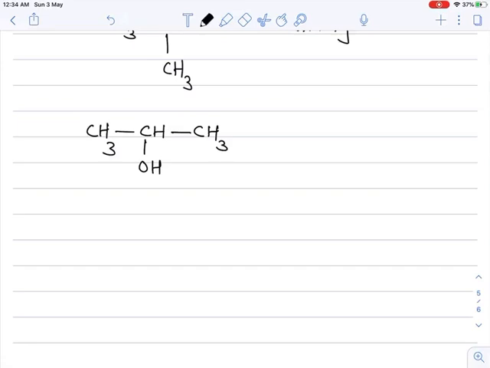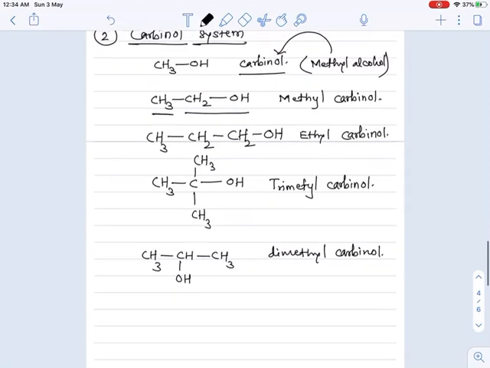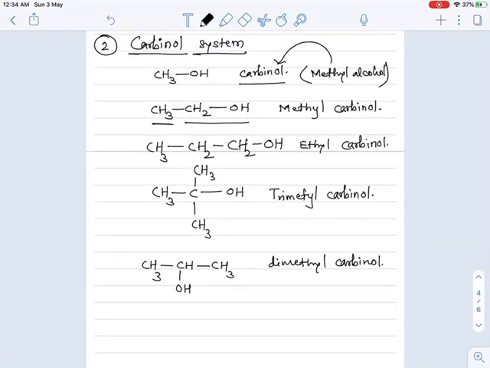According to the carbinol system, what's its name? This is carbinol, and on both sides of the carbinol two methyl groups are there. So its name is dimethyl carbinol. Okay, so this is about the second system, the carbinol system. By using this system, we can give names to alcohols. These are some examples of alcohols named according to the carbinol system.